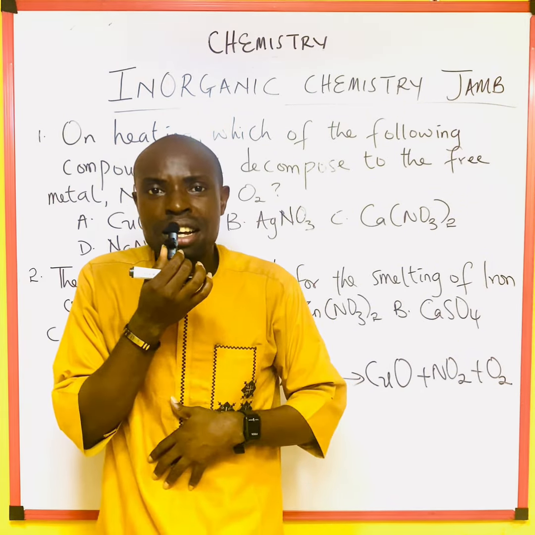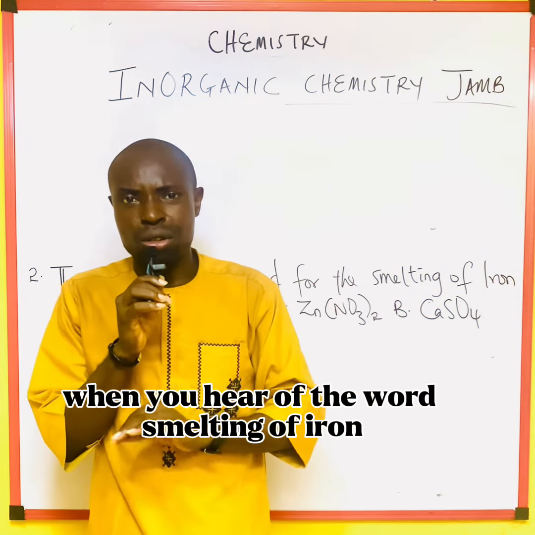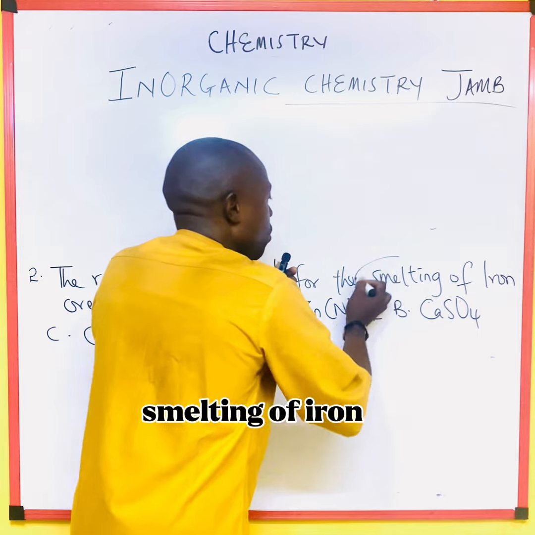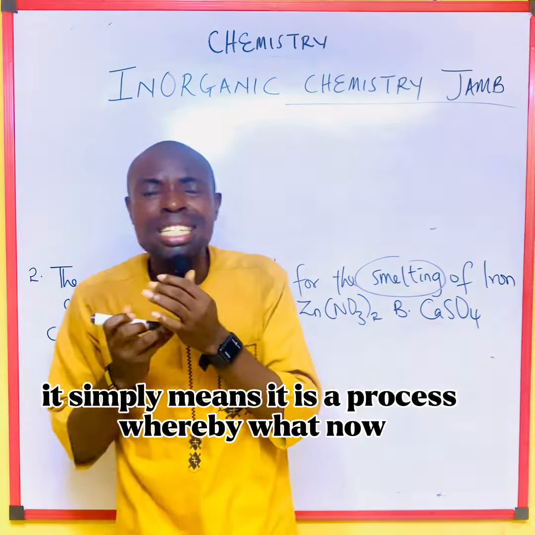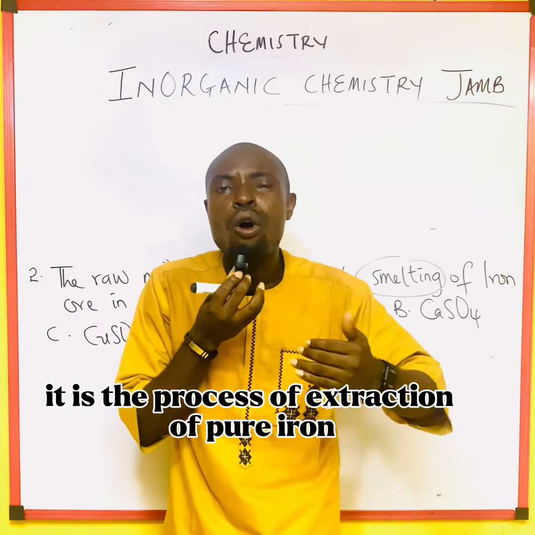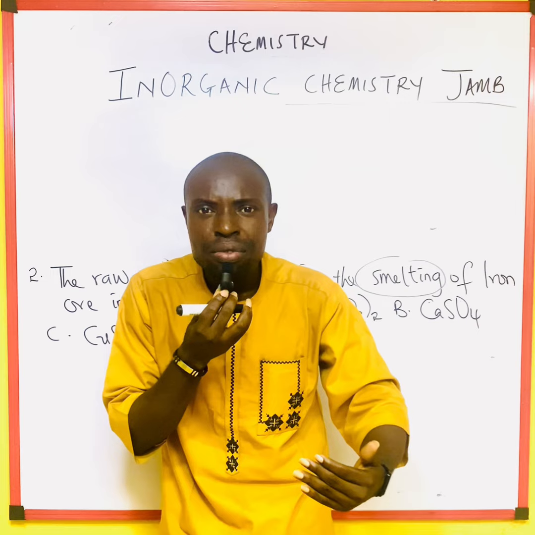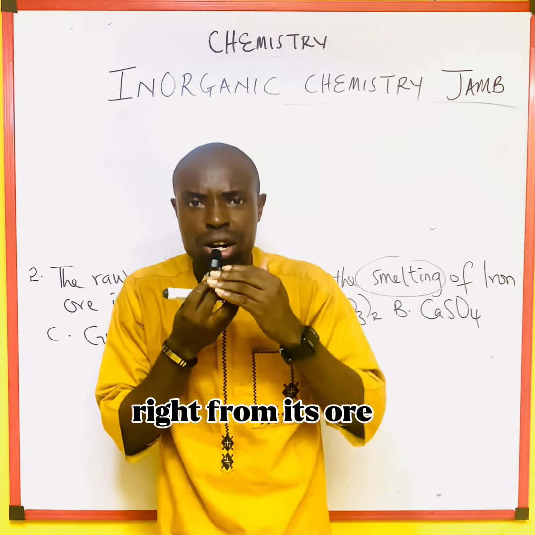Now, the number 2 question here is: the raw materials used for the smelting of iron ore in a furnace are what? Let me explain. When you hear the word smelting of iron, it simply means a process of extraction of pure iron from its ore.